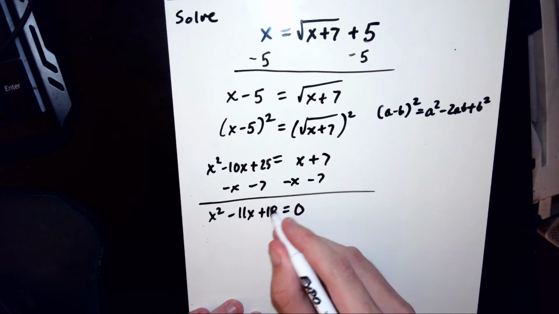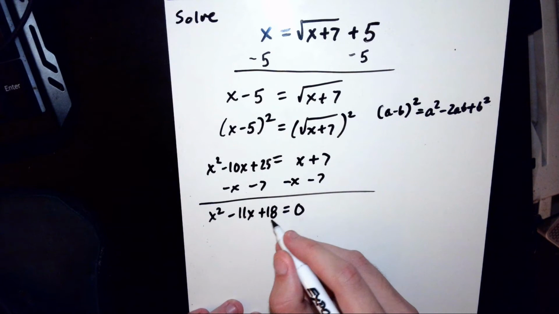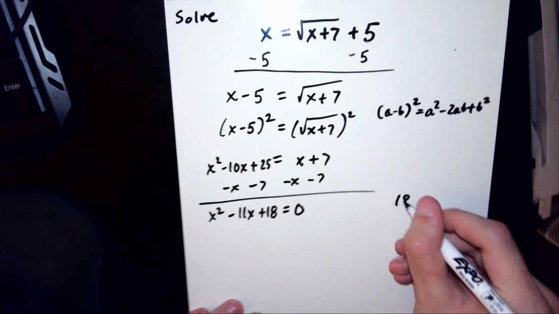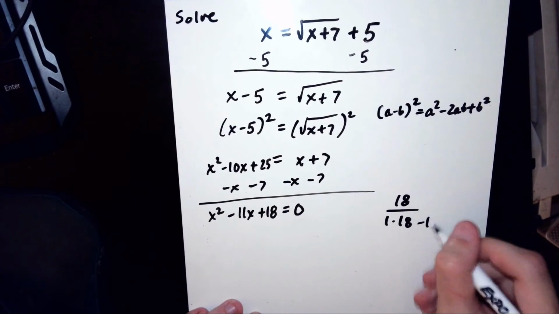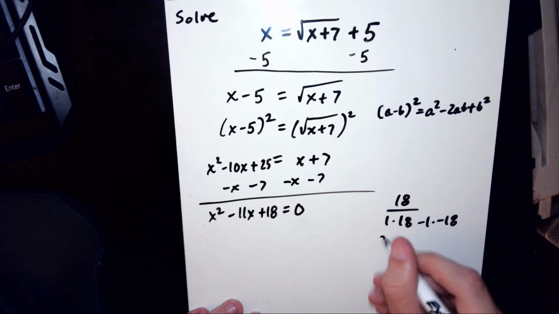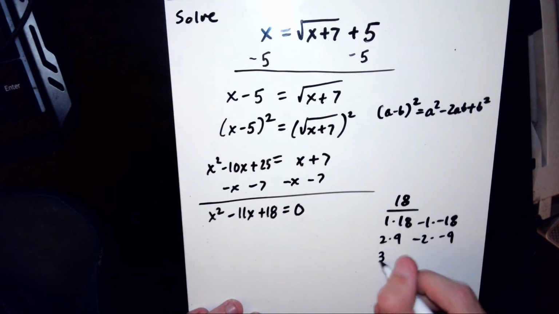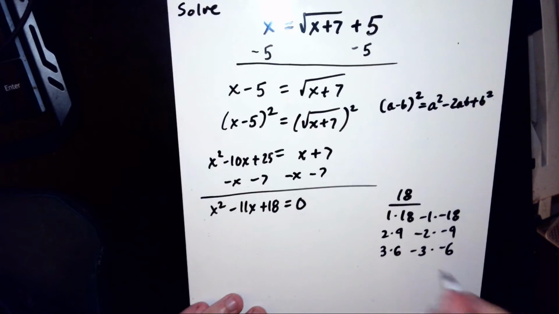Focusing in on the 18 right here, we need to consider the factors of 18 which would sum to negative 11. Well, you've got 1 times 18, negative 1 times negative 18. I suppose we should only really consider the negative pairs, but nonetheless, these are all of the possible factor pairs here.